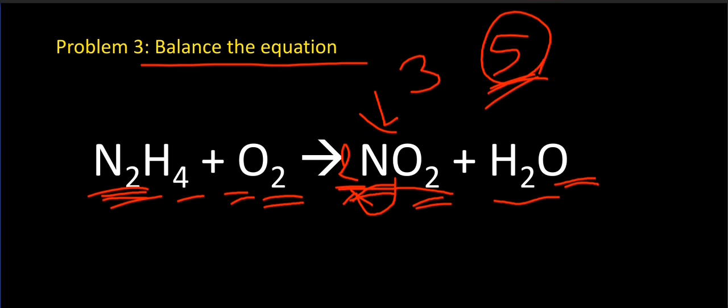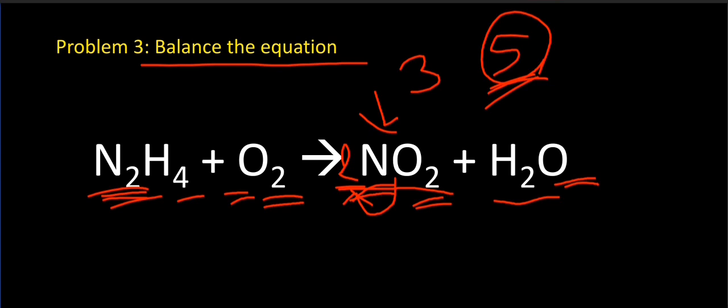But if we have to put 2.5 or 2 point something, that will not be correct, and for that we have to now skip this step. We will continue to the next atom, hydrogen.